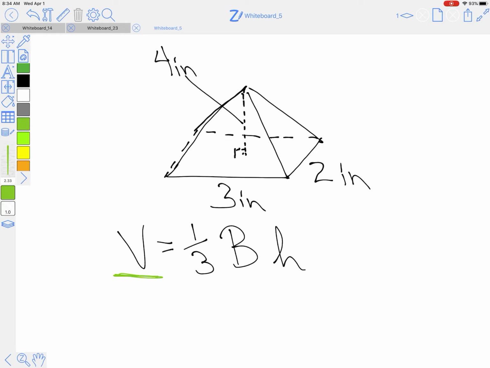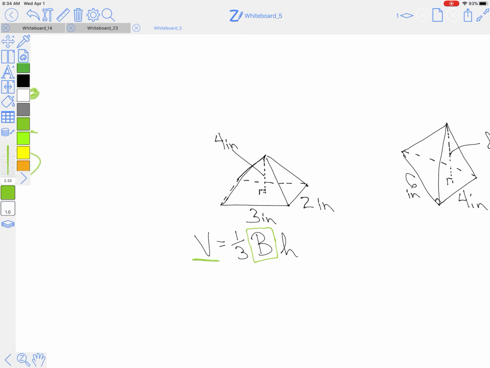Volume equals 1/3. Now, one of the important things to know about this is this capital B stands for area of the base.